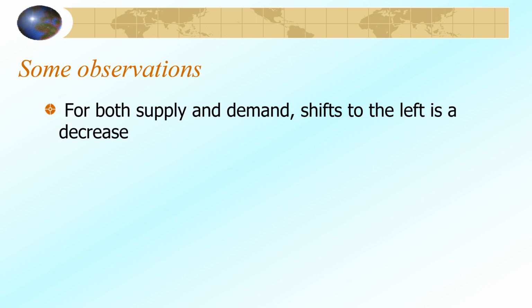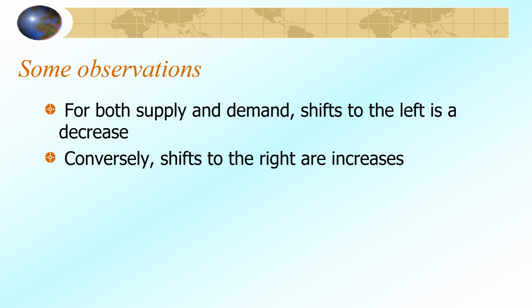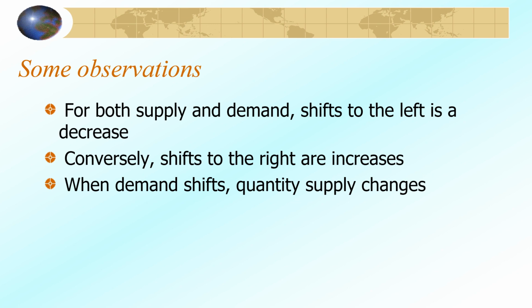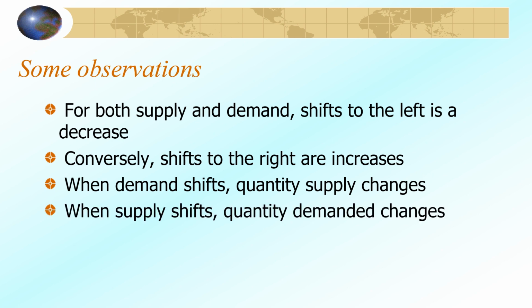Some observations that will make your life a lot easier. First of all, an increase in supply or demand is in the same direction. So movement to the right is going to be an increase, a movement to the left is going to be a decrease. When demand shifts, quantity supplied changes, and when supply shifts, quantity demanded changes.